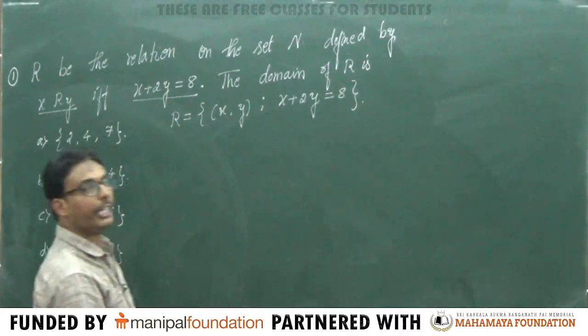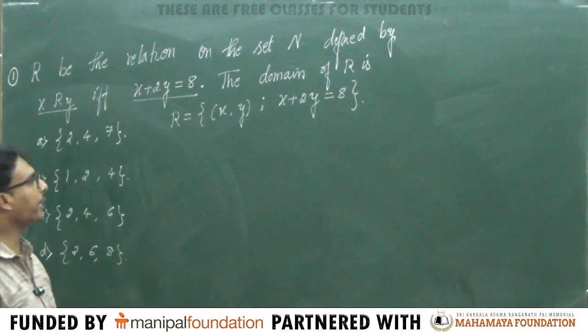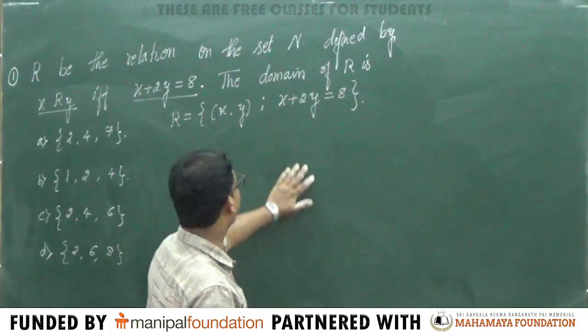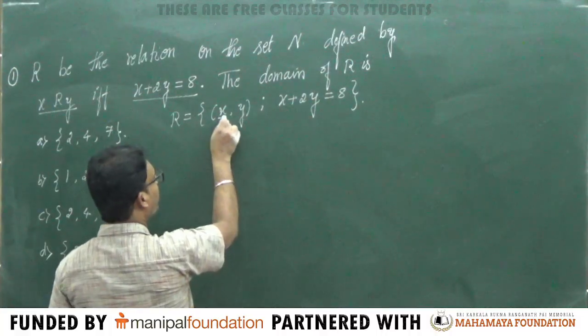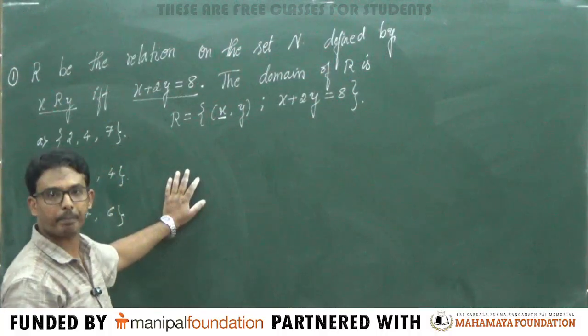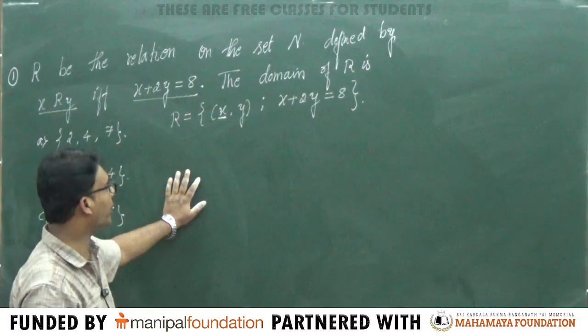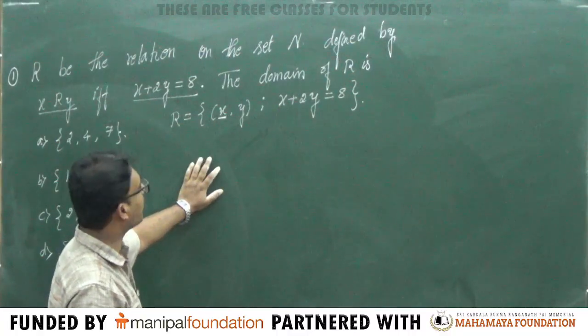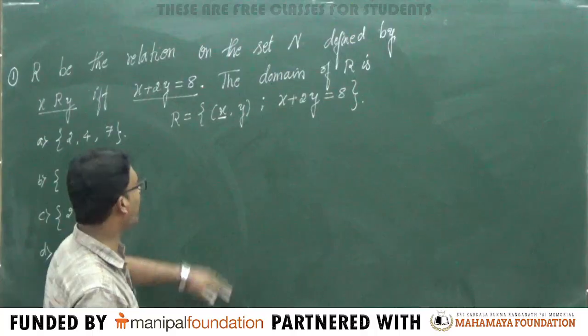So finding the domain of a relation R means first write all the possible ordered pairs. In each ordered pair, let us take the first element, that is the domain of a given relation. Means just we need to find the value of x. Here both x and y belong to the set of natural numbers.